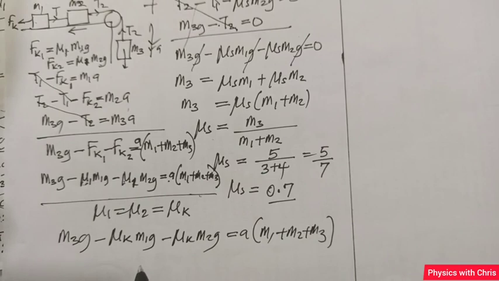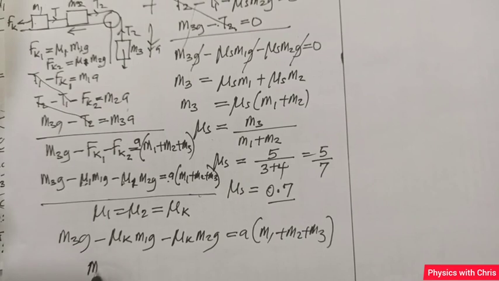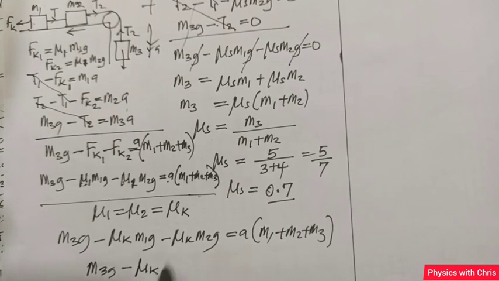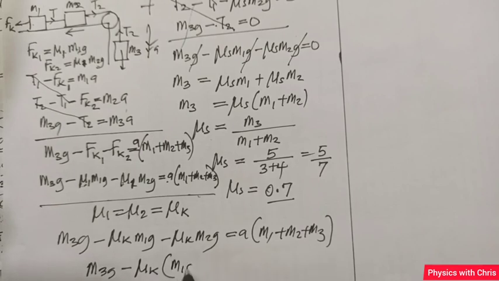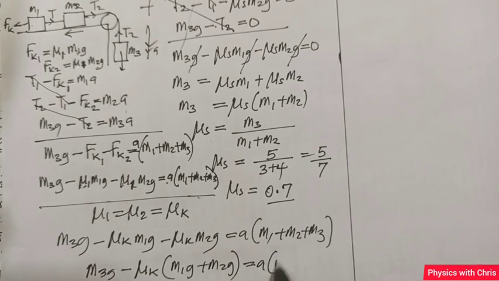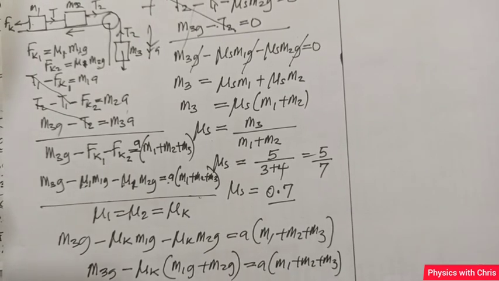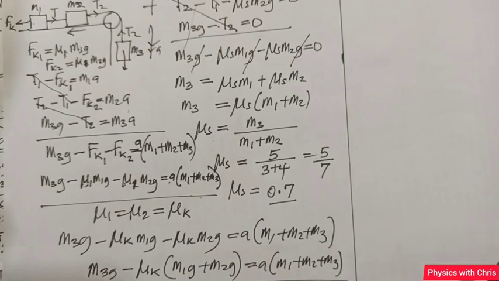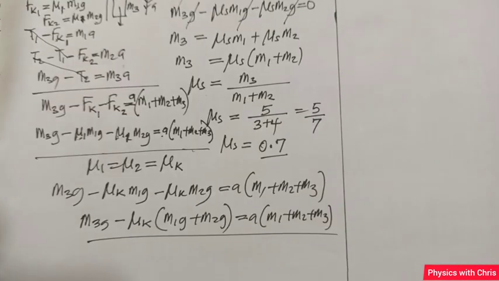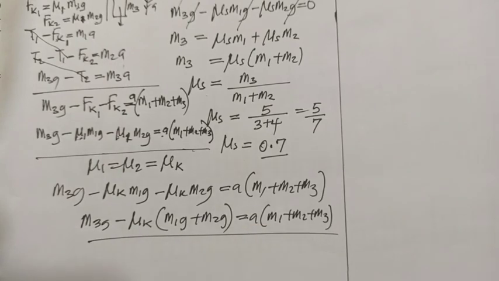If I'm to find the coefficient of kinetic friction, I have M3G minus mu k, which I factor out, into M1G plus M2G, is equal to A into M1 plus M2 plus M3. Then I can now find the unknown parameters. I'd like to stop here and continue depending on the parameters given to you.